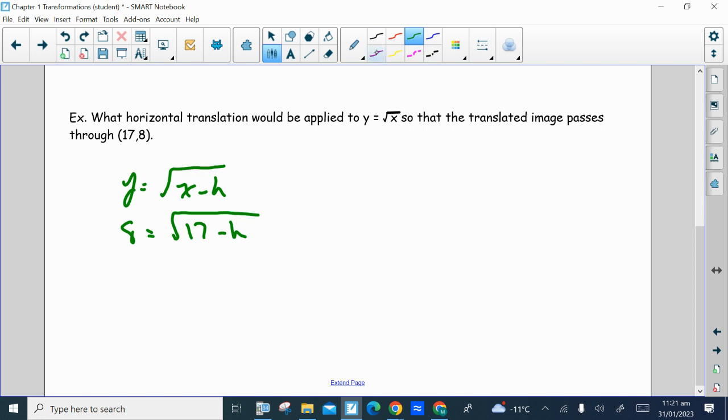And I would do that by first squaring both sides, which gives me 64 on the left, and on the right side the square and square root will cancel each other out. When I subtract 17 from both sides, I'll get 47 on the left.